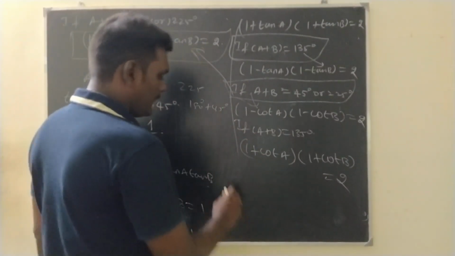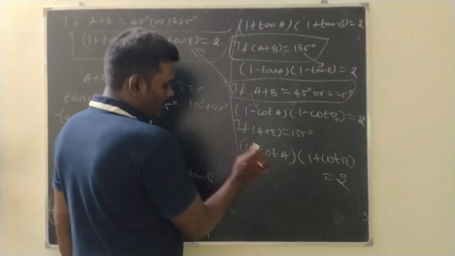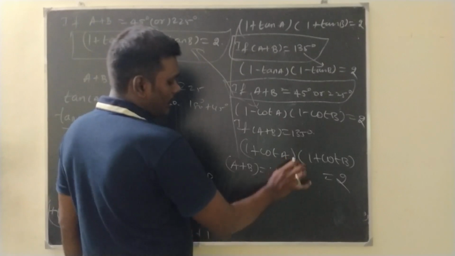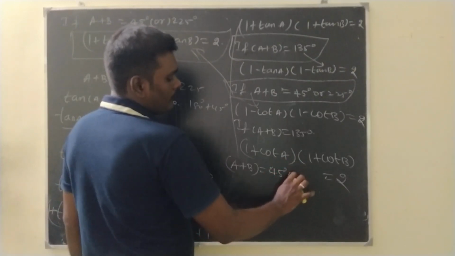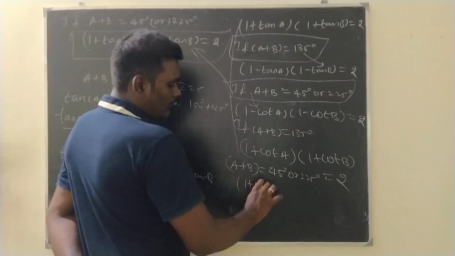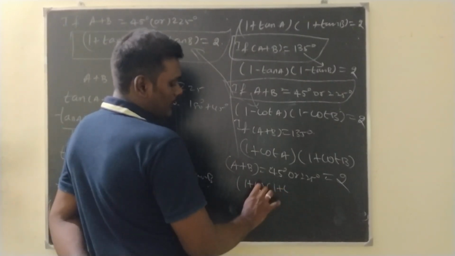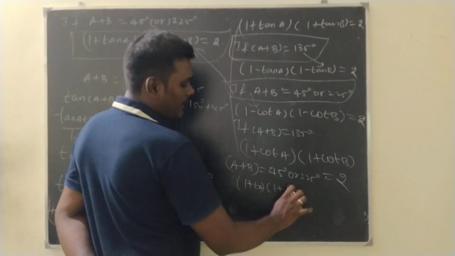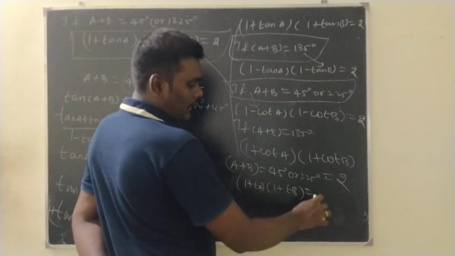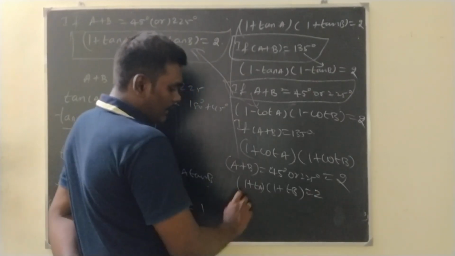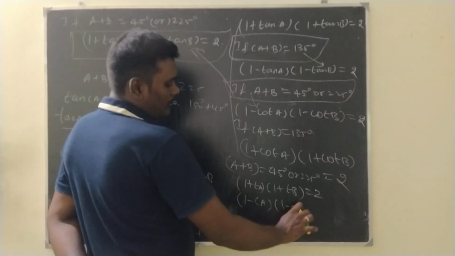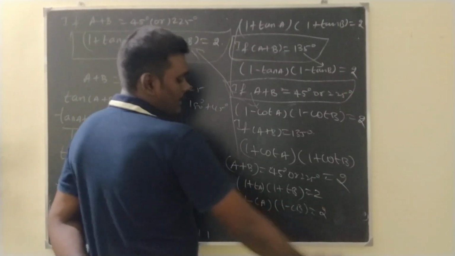Again, I am summarizing this. If A plus B is 45 degree or 225 degree, we have 1 plus tan A, 1 plus tan B, that is 2, where tan is positive. Whereas cot will take 1 minus cot A, 1 minus cot B equals 2.